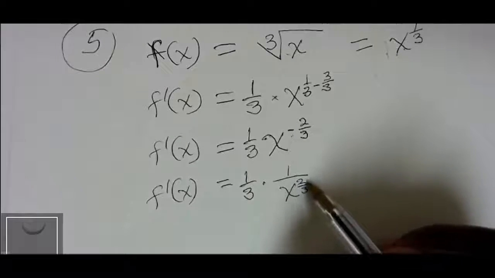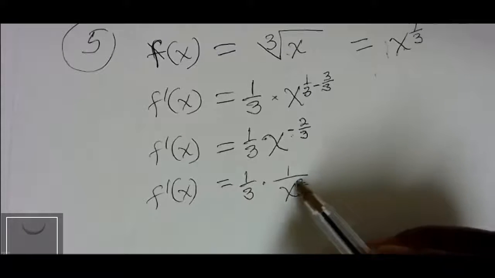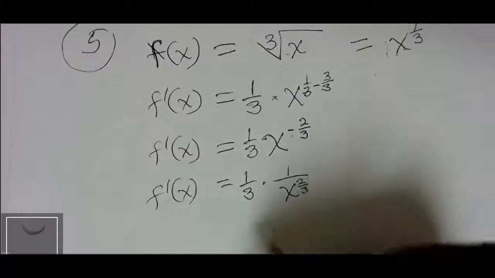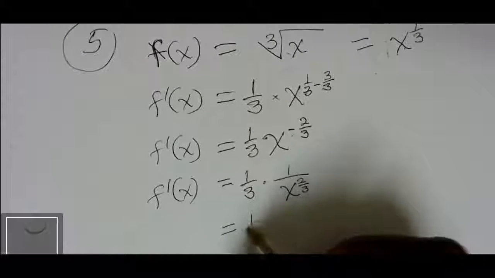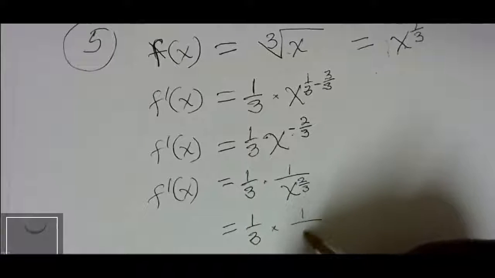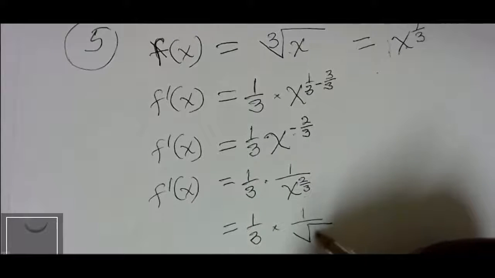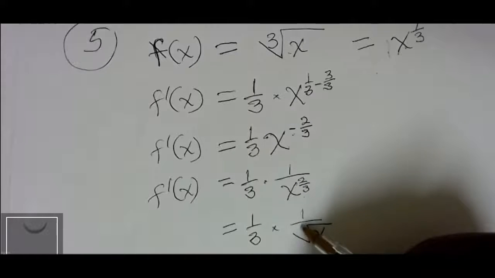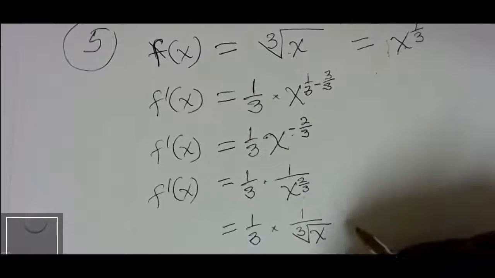So we can now change this back to a radical. So this is 1/3 times 1 over the cube root of x squared.